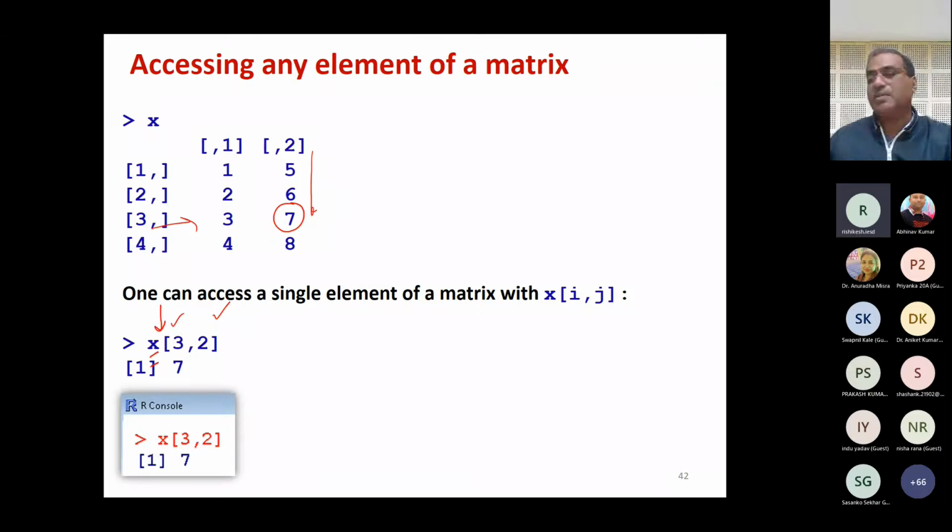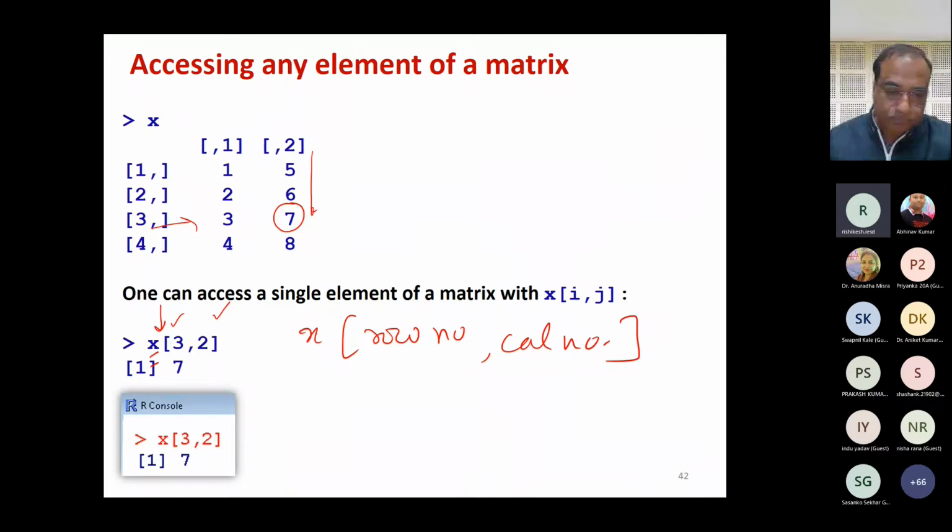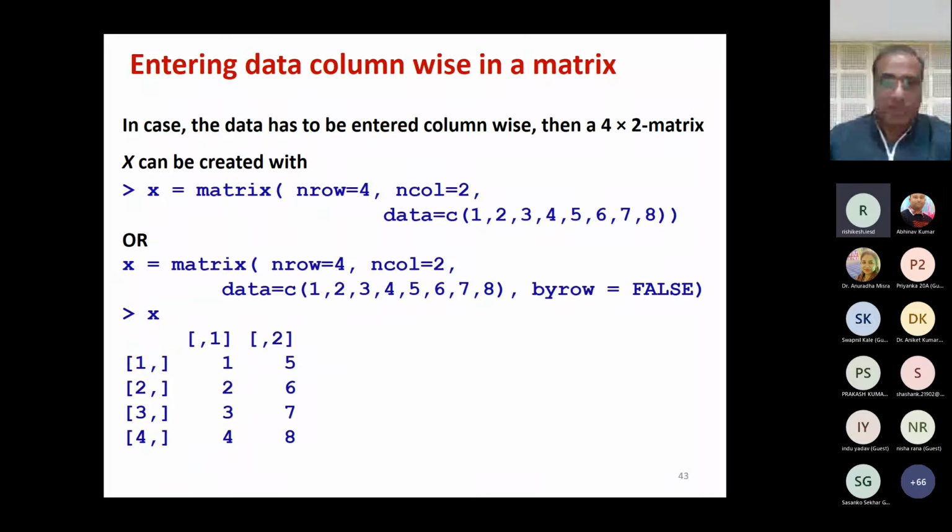The square brackets are used to assign the location in the matrix. Write X, then the row number, and then the column number. Whatever your row number 3, column number 2, you give it, and it will give you this particular value 7. This is how you can access a particular element of a matrix by giving the rows and columns.